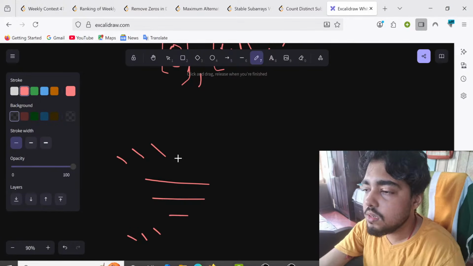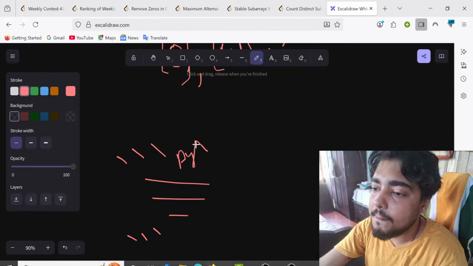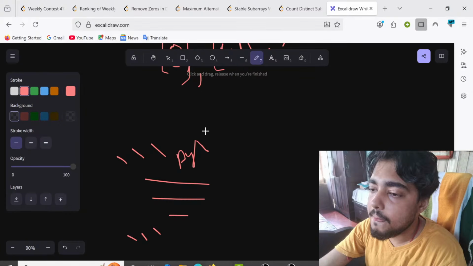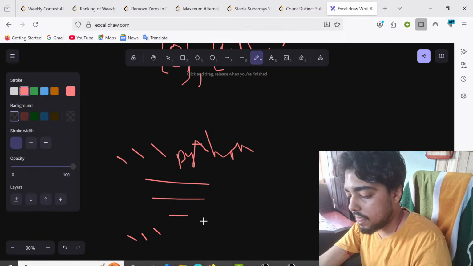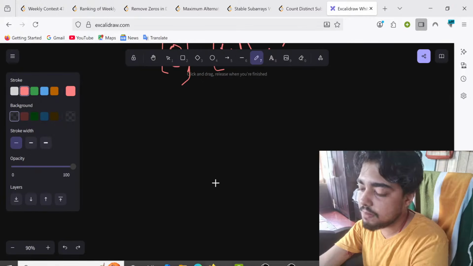If possible, put it like this: backticks Python. But the Python part is not necessary.